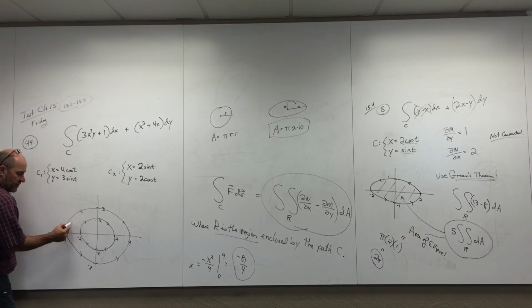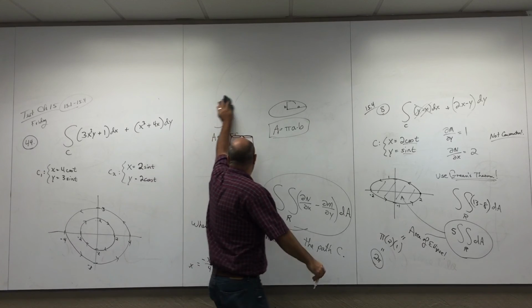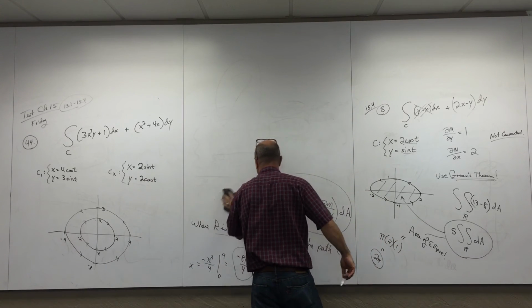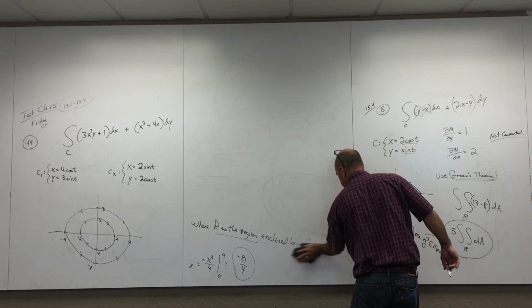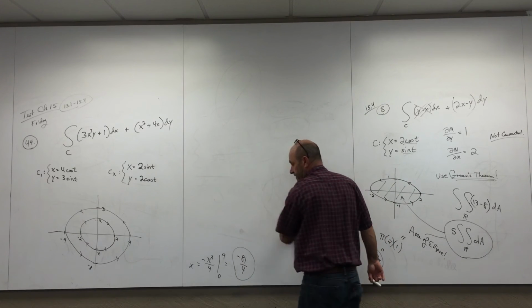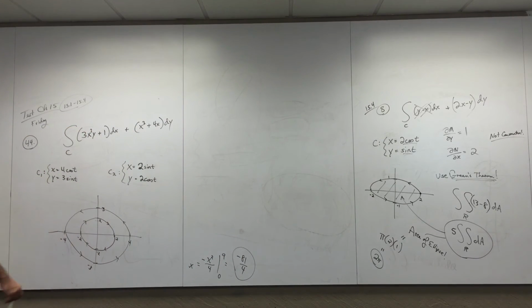What I'm looking for is, these are my paths. I've got to travel around those paths in this vector field. Man, this might be tough. Who picked this problem?